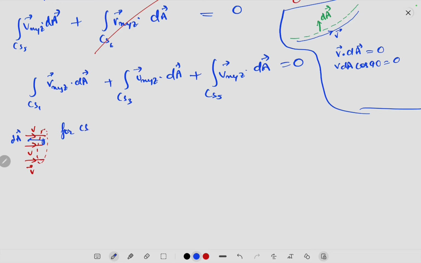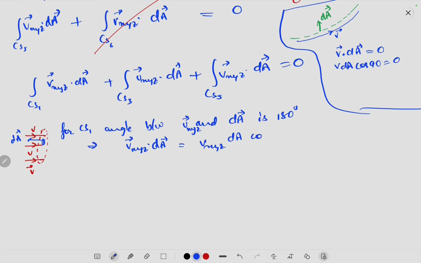For CS1, the angle between v vector and dA vector is 180 degrees. This implies Vxyz dot dA will be Vxyz dA cos 180.